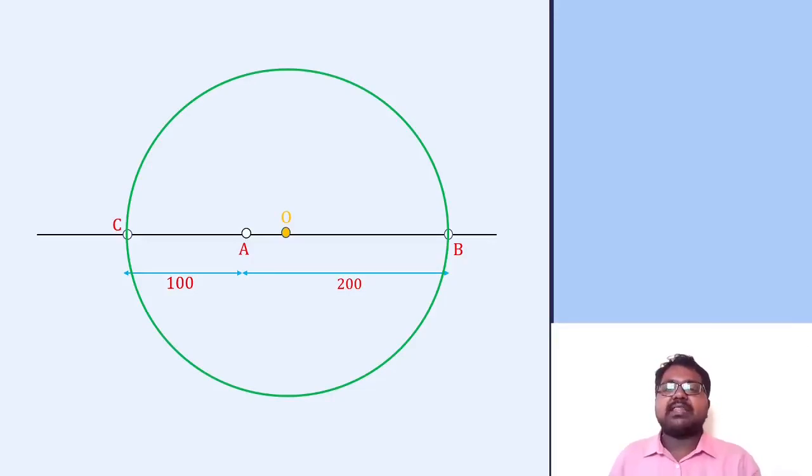Now I take the value of 2 theta, which is given to us as 60 degrees.